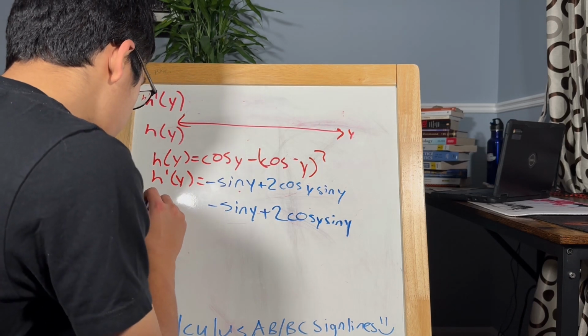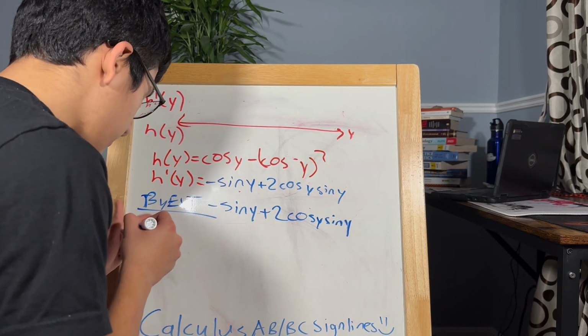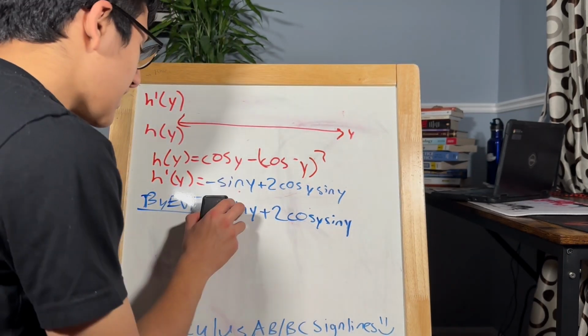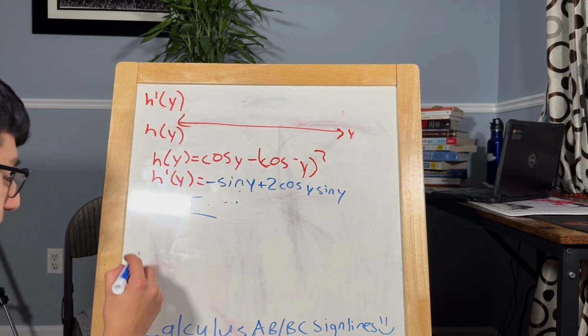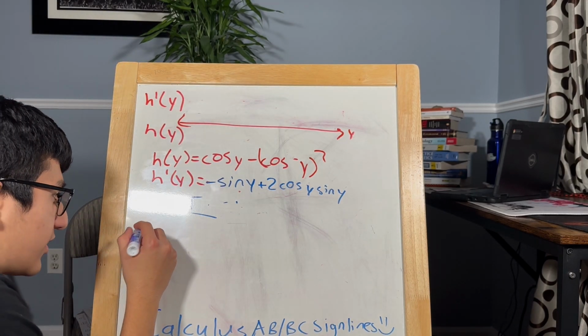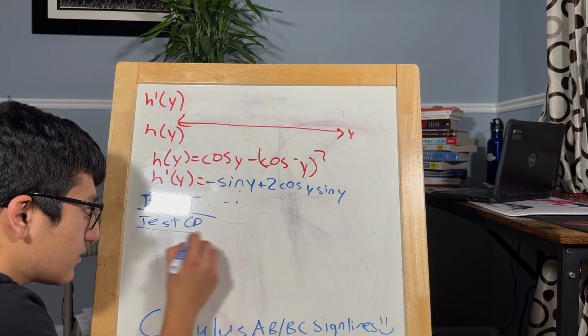Okay. By EVT. This is what I suggest you do on the paper because it's organized and the grader will understand you. And this is what my teacher taught me. That's the most important idea. Test critical points.